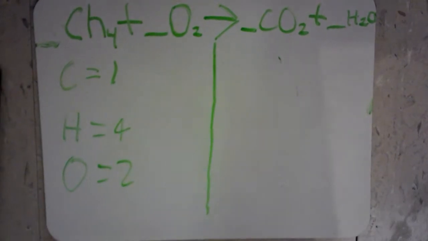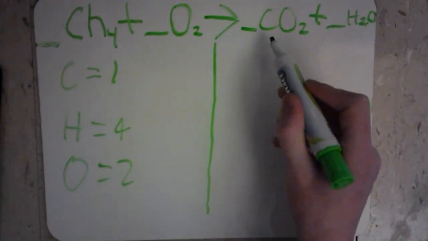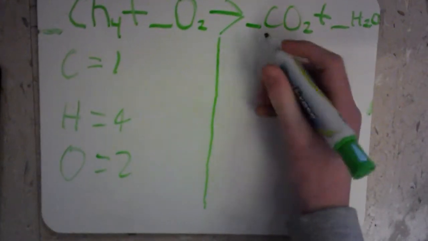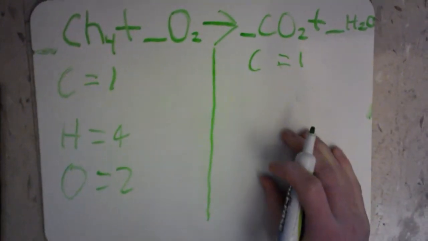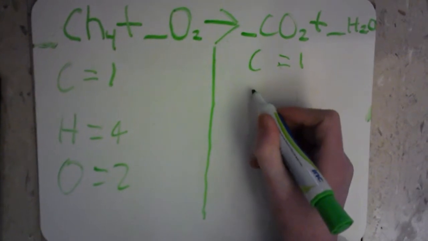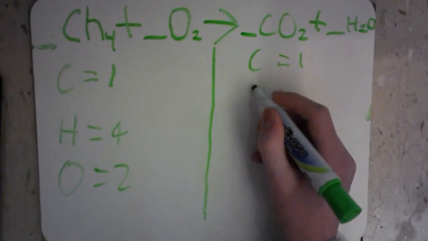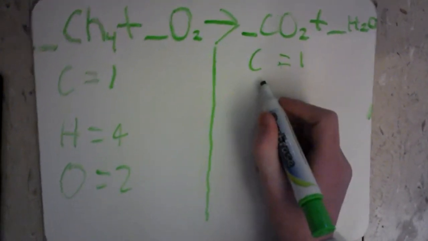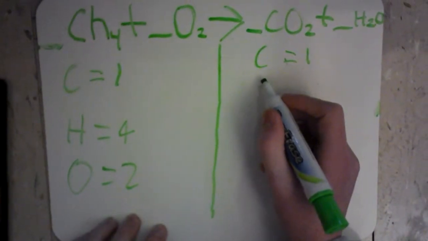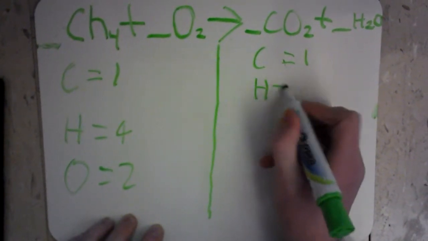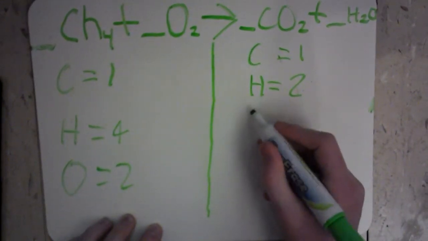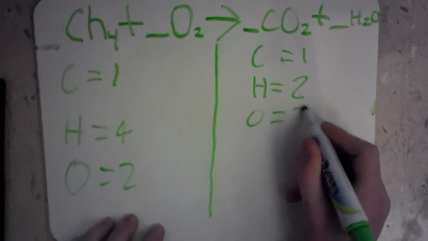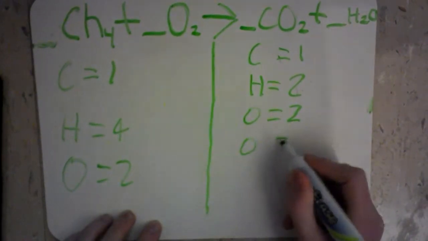Now, on the other side, there's again only one C, so carbon equals 1. Then hydrogen equals 2, and oxygen equals 2, and oxygen equals 1.